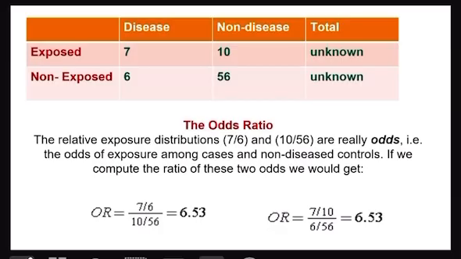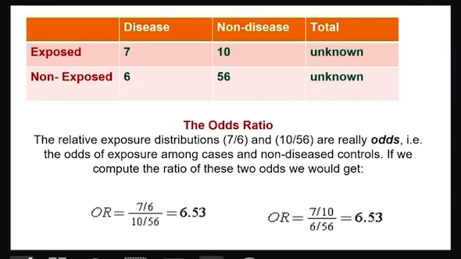We can still go ahead, and at the end of the day, it's still going to give us the 6.53 that we got the other time. This is what we call the odds ratio. Since the total population is not available, we're not going to make use of that. We're going to compute it a different way.